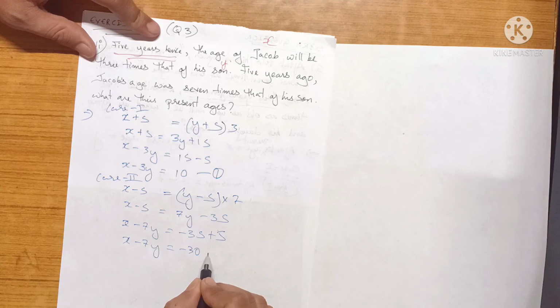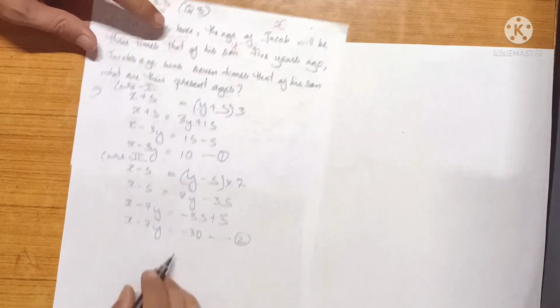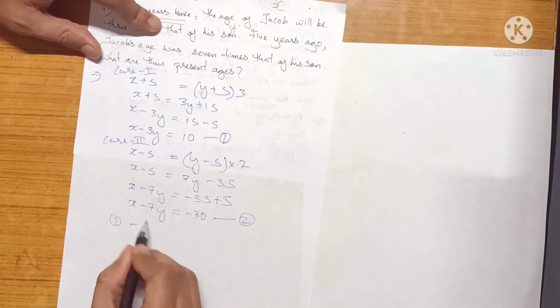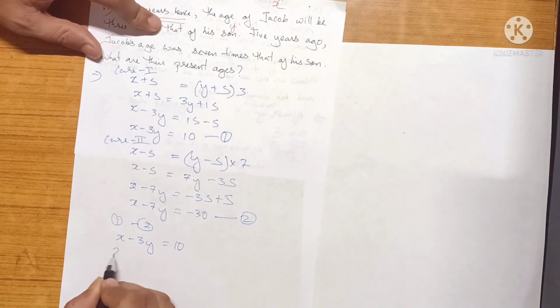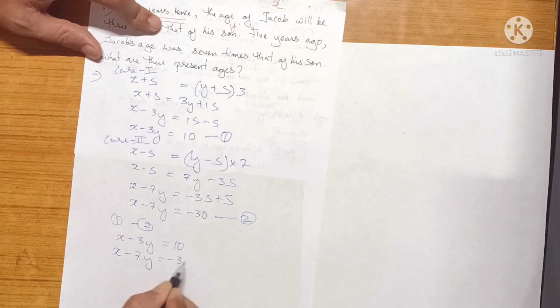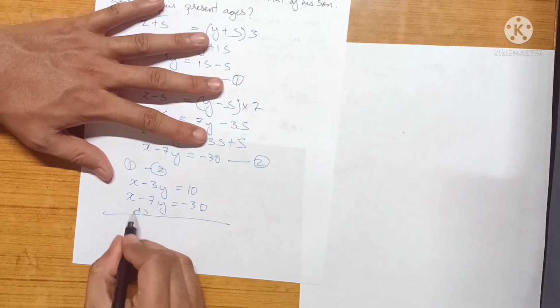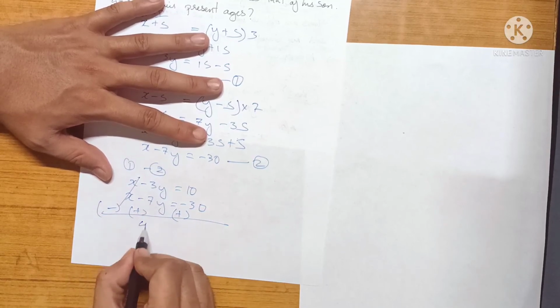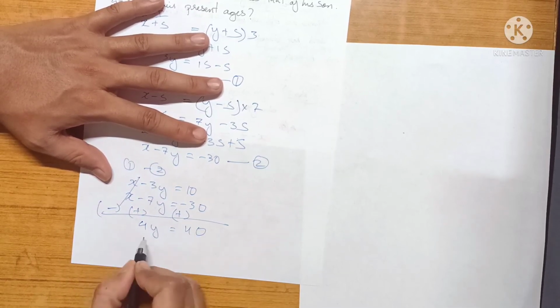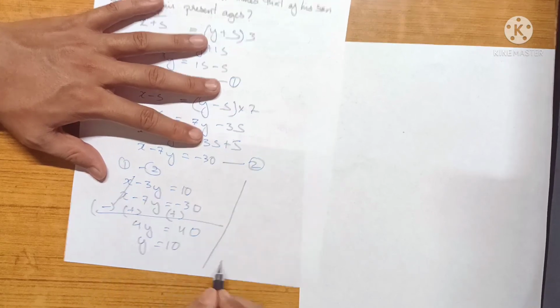So this is our equation 2. So equation 1 minus 2, because it's already x's. x minus 3y equal to 10, x minus 7y equal to minus 30. Make it positive, these 2 cut. So 4y equal to 40, y equal to 10.